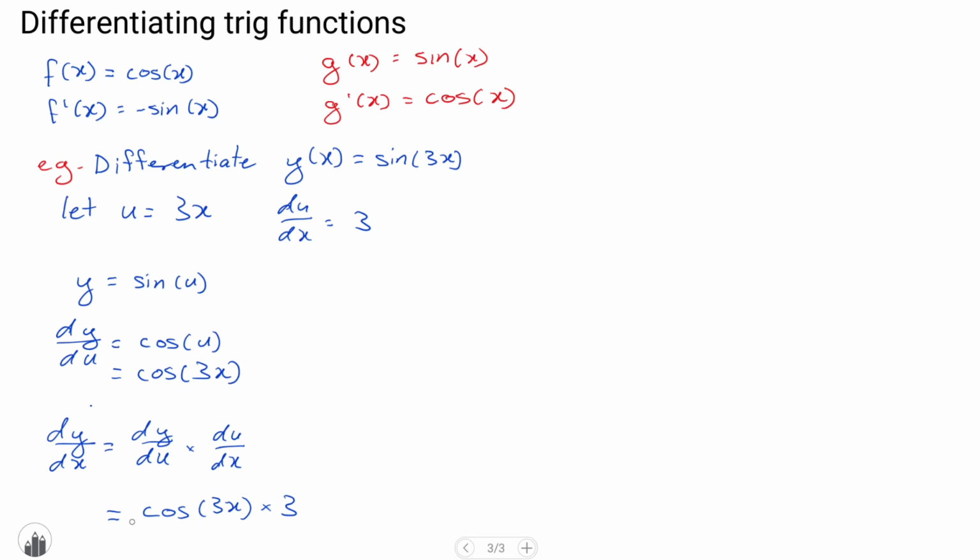So this whole thing at the end can be written like this: dy dx is equal to 3 times cosine of 3x. And we're done.